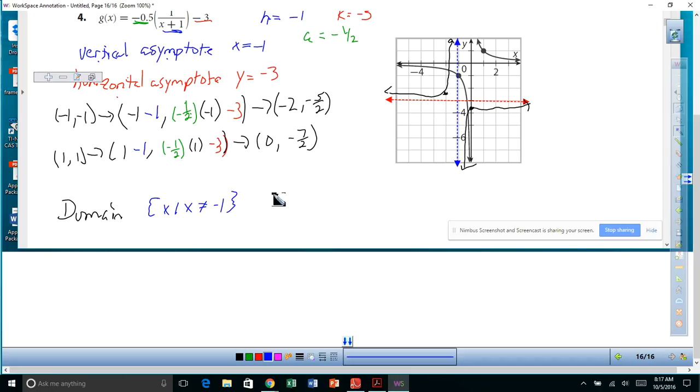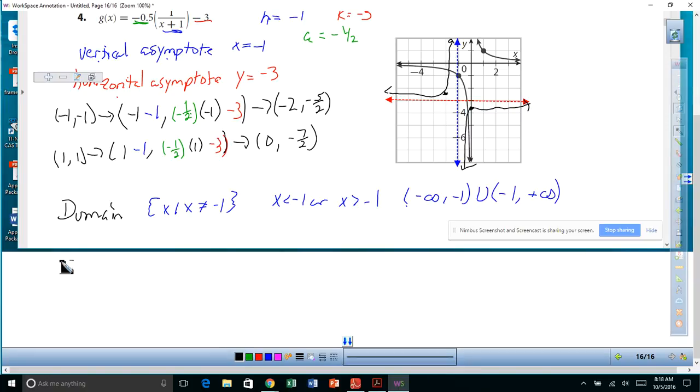We'll have x is less than -1 or x is greater than -1. And negative infinity, and I don't know why I did a bracket, I meant parentheses, to -1 union -1 to positive infinity.